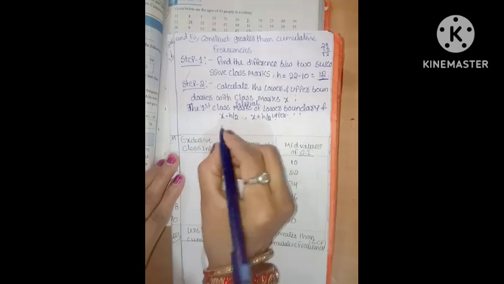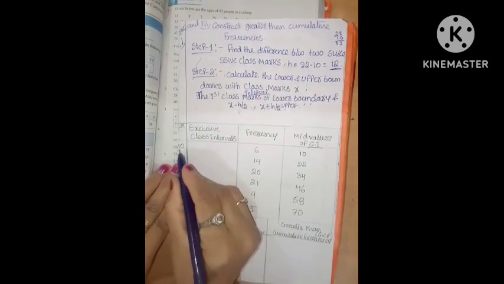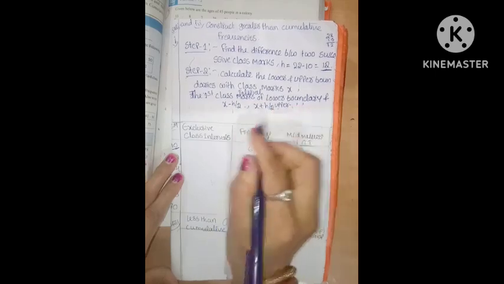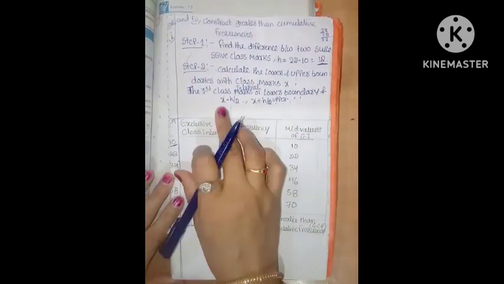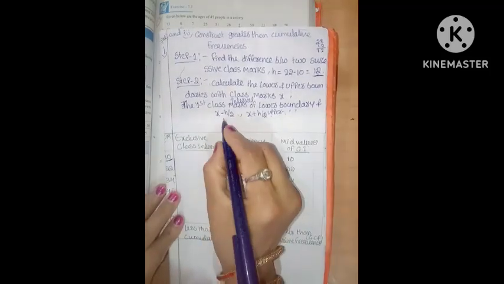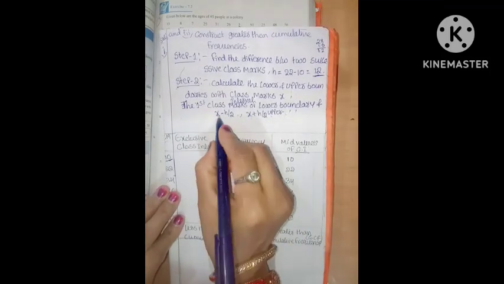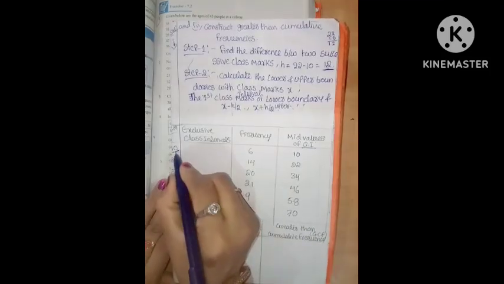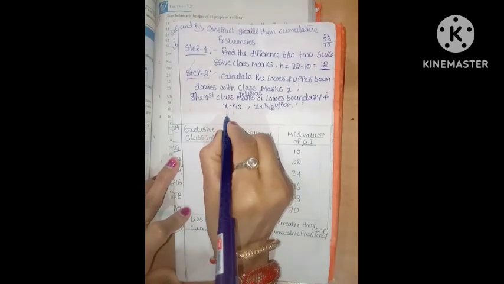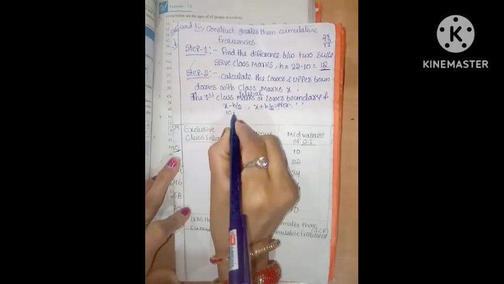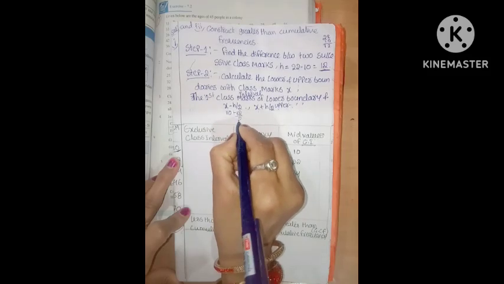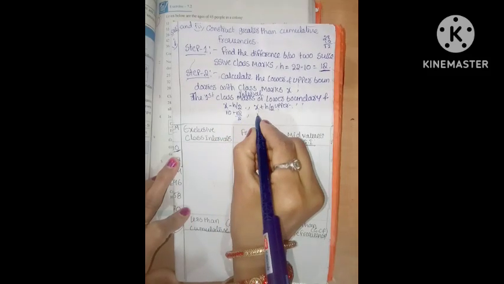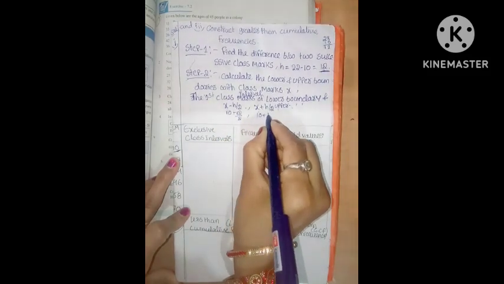Here x is 10, the class mark. For the first class, to calculate the lower boundary and upper boundary we use this formula. For the first class, the lower boundary is 10 minus 12 by 2, and the upper boundary is 10 plus 12 by 2.